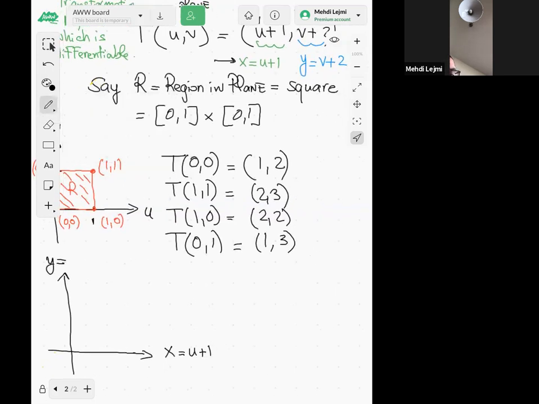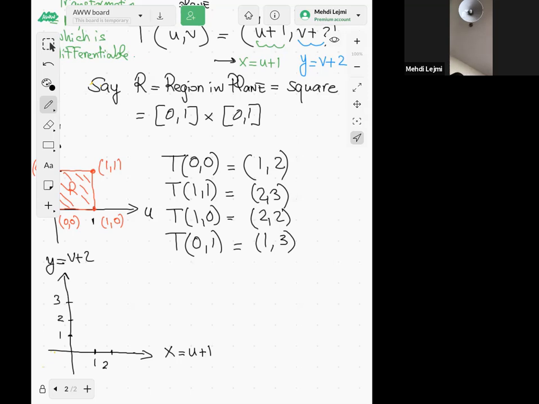The image of the vertex (0, 0) is (1, 2), so (0, 0) is shifted to (1, 2). So I'm going to need 1, 2, and 3 here, and 1, 2, and 3 there. All right.